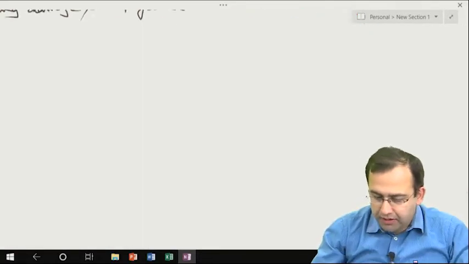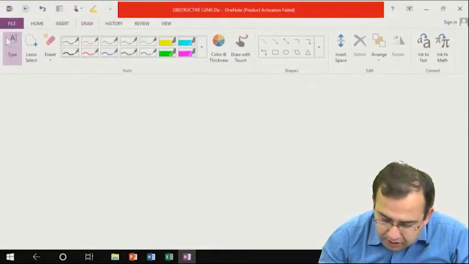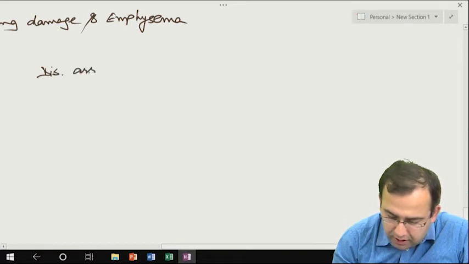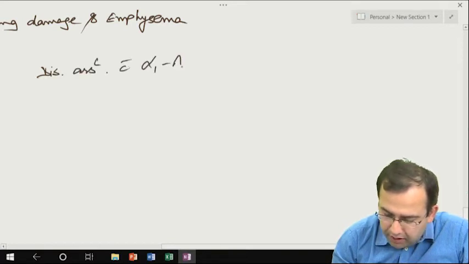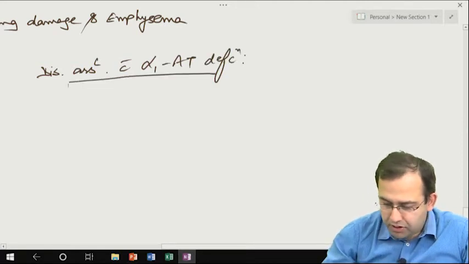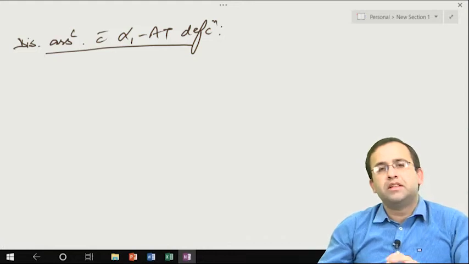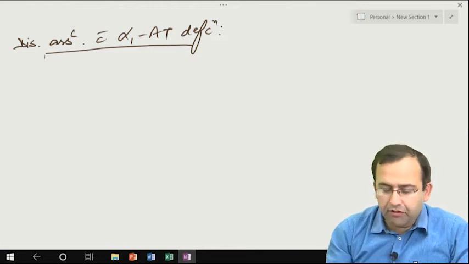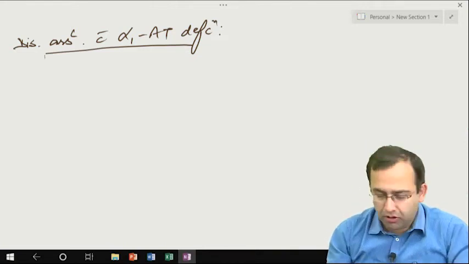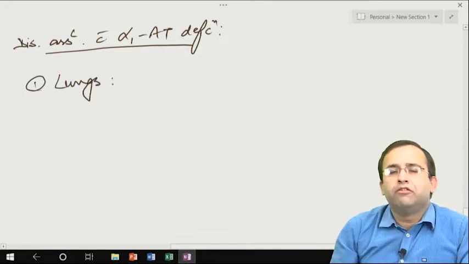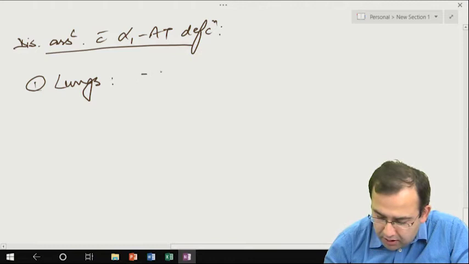Next point. Diseases associated with alpha 1 antitrypsin deficiency. I am copy pasting the same slide from the liver; we did alpha 1 antitrypsin and metabolic disease of the liver also. Starting with lungs, alpha 1 antitrypsin is associated with pan-acinar emphysema.